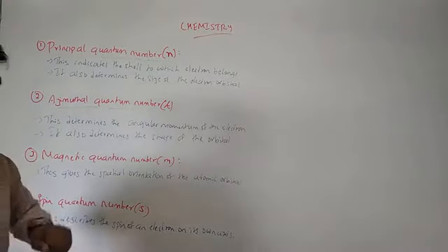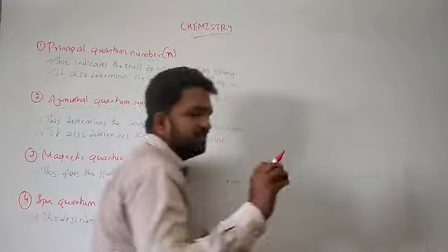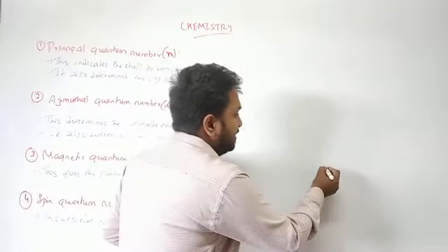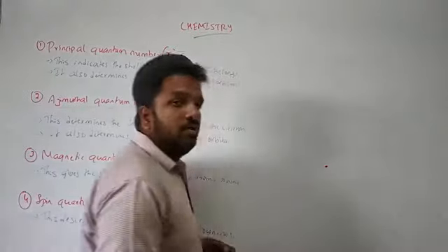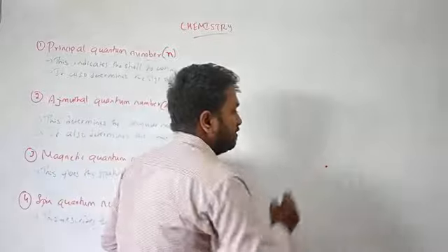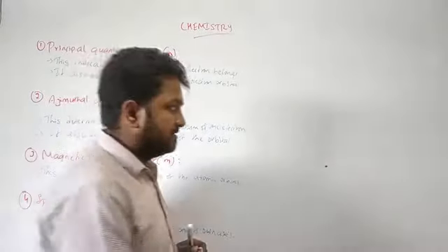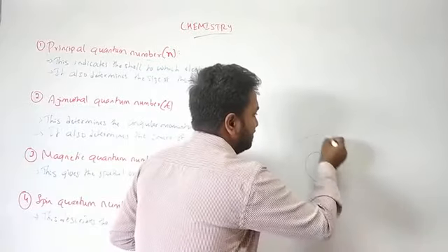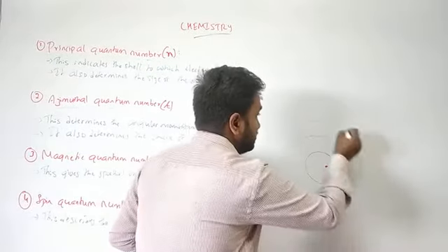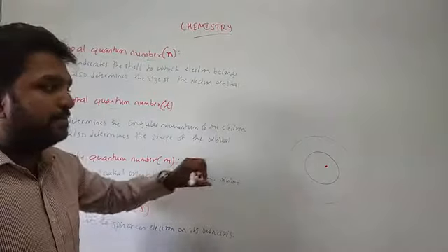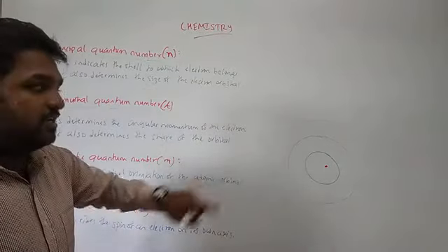For example, for your understanding purpose, consider the basic structure of an atom. This is the nucleus, where protons and neutrons are concentrated, and we have these energy levels. This is not the actual structure, but for understanding these quantum numbers I am telling you this.